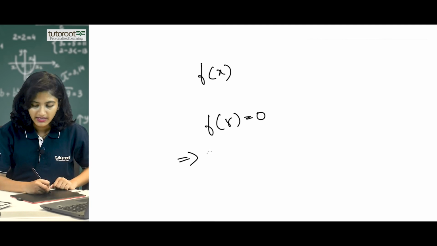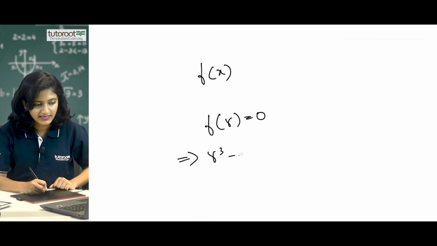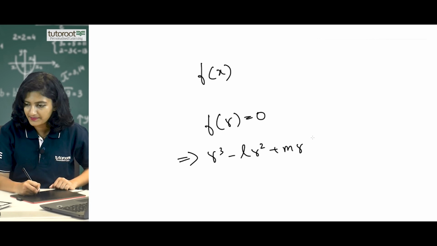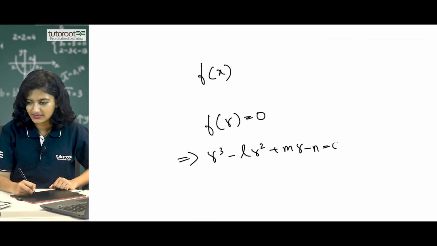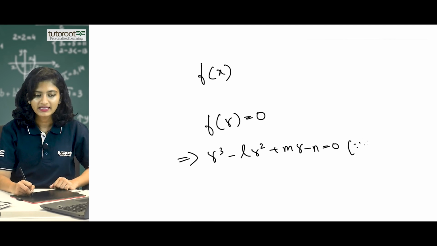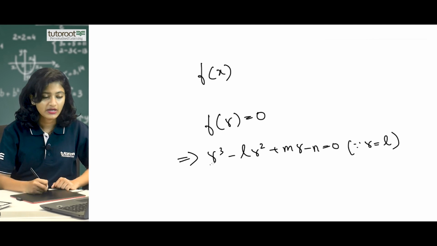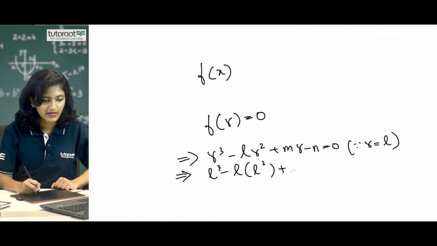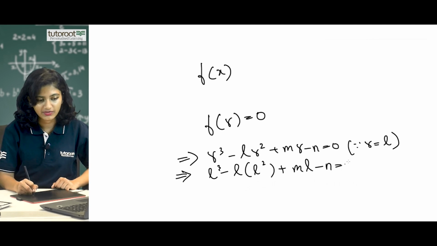So you have gamma cube minus L into gamma square plus m into gamma minus n is equal to 0. Since we know that gamma is equal to L, we can substitute that over here and write this equation as L cube minus L into L square plus m into L minus n is equal to 0.